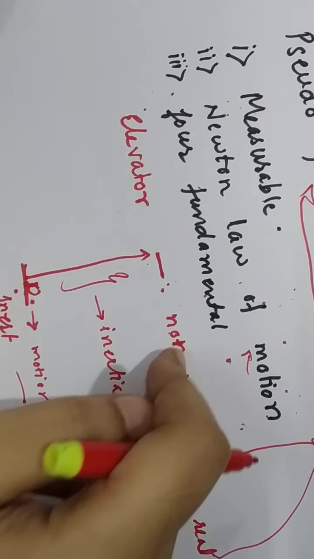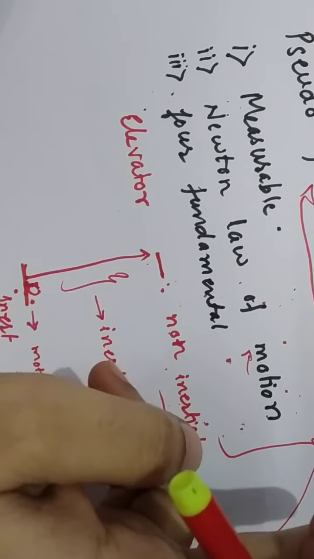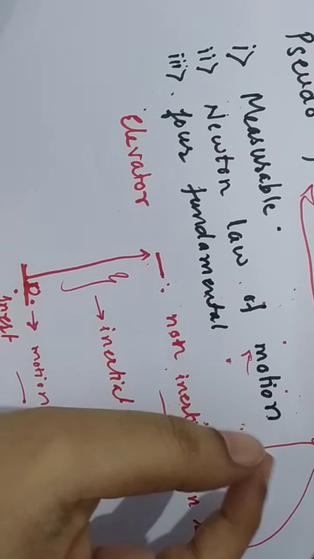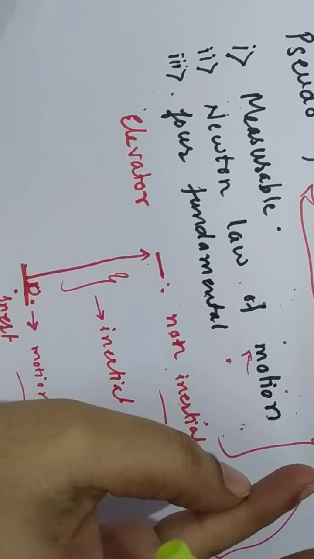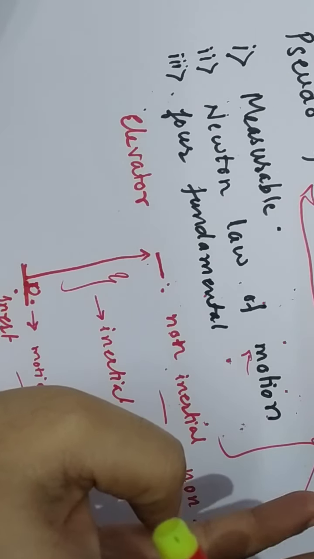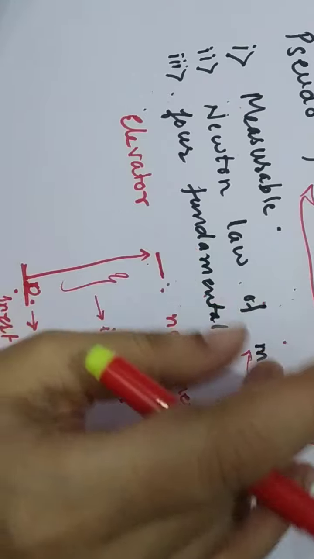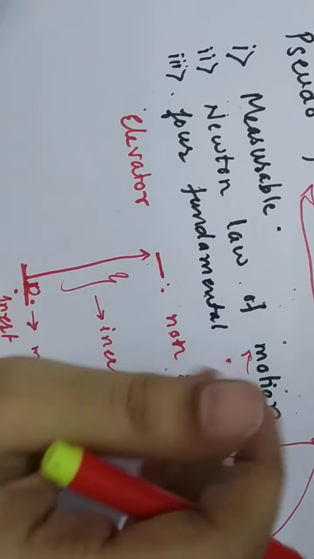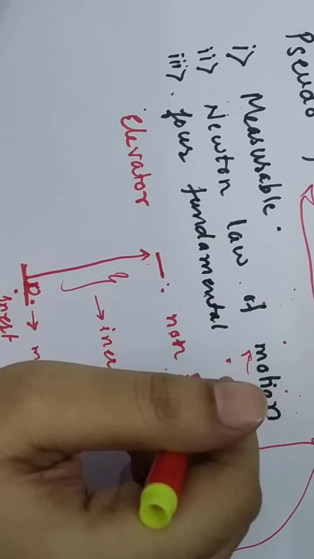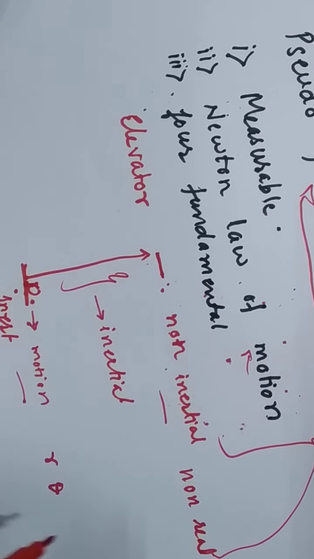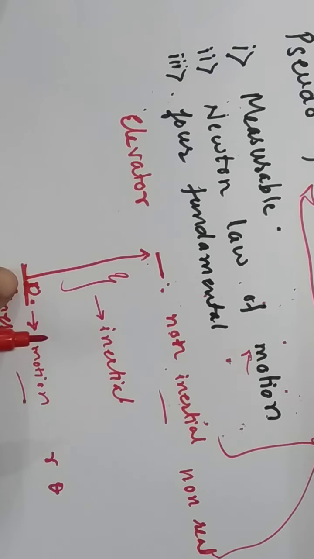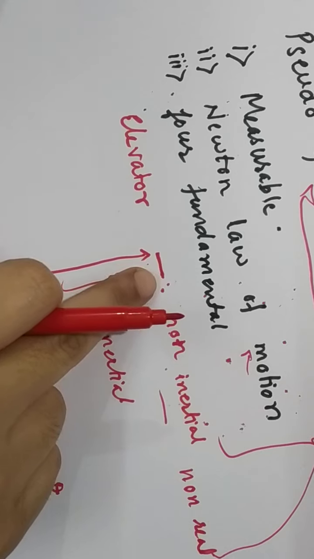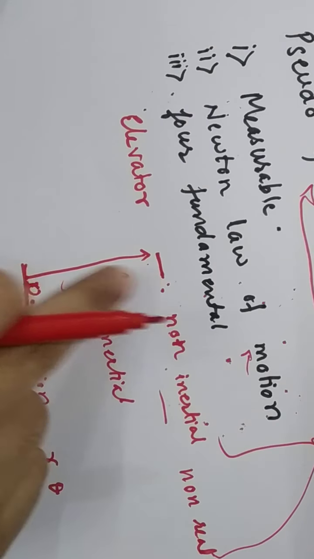And obviously these two forces are not of the basic fundamental forces. It is not the gravitational force, it is not the electromagnetic force, it is not the nuclear forces, weak or strong. So these forces will be called pseudo forces, and they arise just because of the non-inertial frame of reference, because of the acceleration and deceleration of your frame of reference.